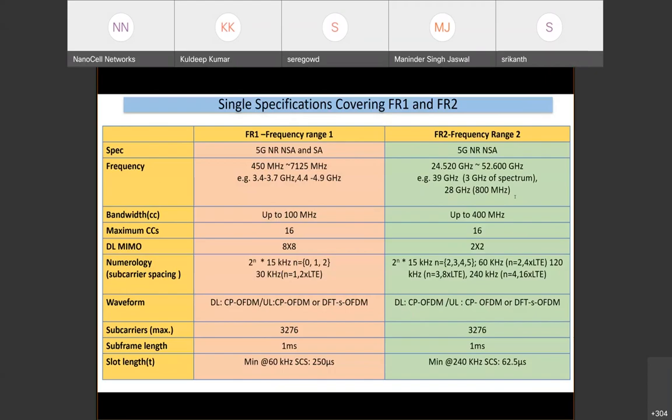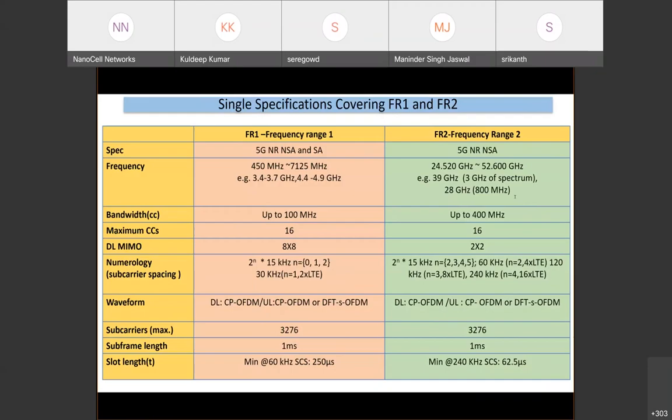If you want the equivalent spectrum in LTE, you are looking at 5-component carrier aggregation, which has a lot of difficulty. So there are nuanced spectral efficiency enhancements, but the more gross spectral efficiency enhancements could come from massive MIMO based MU MIMO. That's where the real step forward for 5G is.